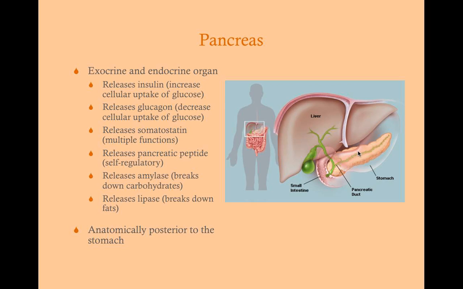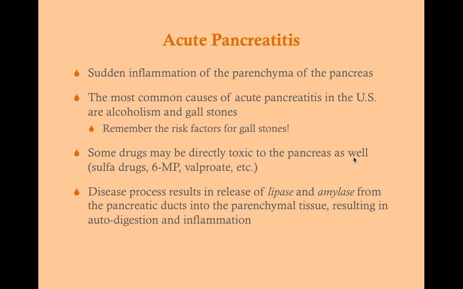The pressure inside the pancreatic duct becomes increased because you have a stone blocking the outward flow. And so the reason that pancreatitis forms in patients who get gallstones is that if you have a gallstone in that location, you get an increase in intraductal pressure, and ultimately the ducts will not be able to hold the amylase and lipase.